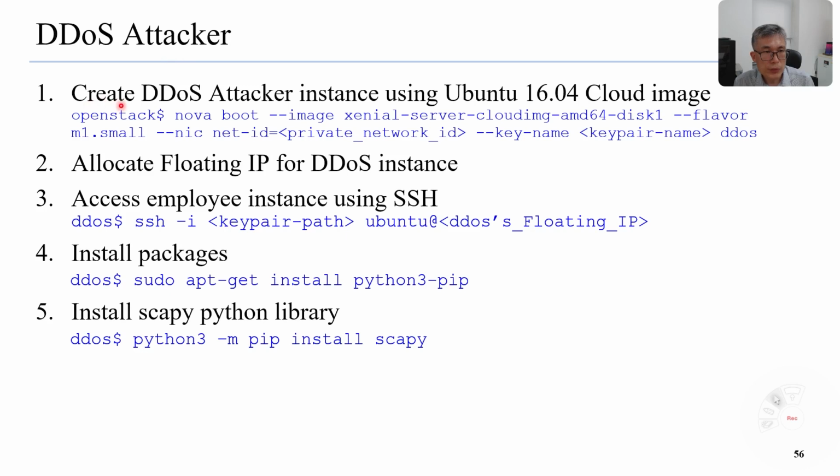First of all, create a DDoS attacker instance using the Ubuntu 16.04 cloud image, and then allocate the floating IP address for the DDoS attack instance, and then access the employee instance using SSH.